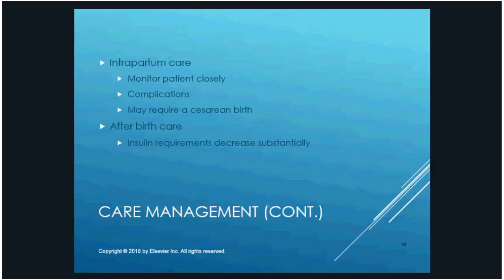Intrapartum care would be monitoring the patient closely for any complications that may arise, and depending on the complications, it may require C-section or cesarean, especially if the baby is macrosomic, possibly with polyhydramnios and any other complications. After birth, insulin requirements decrease substantially. We showed you that on the slide a couple pages earlier.